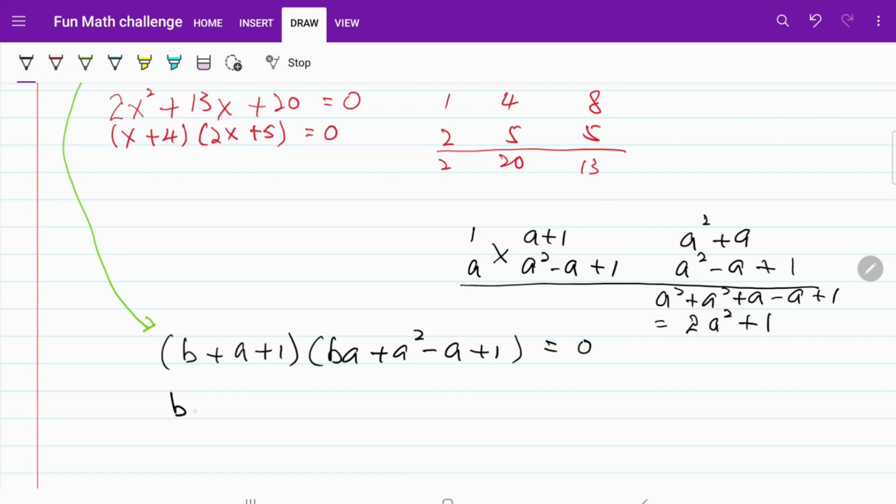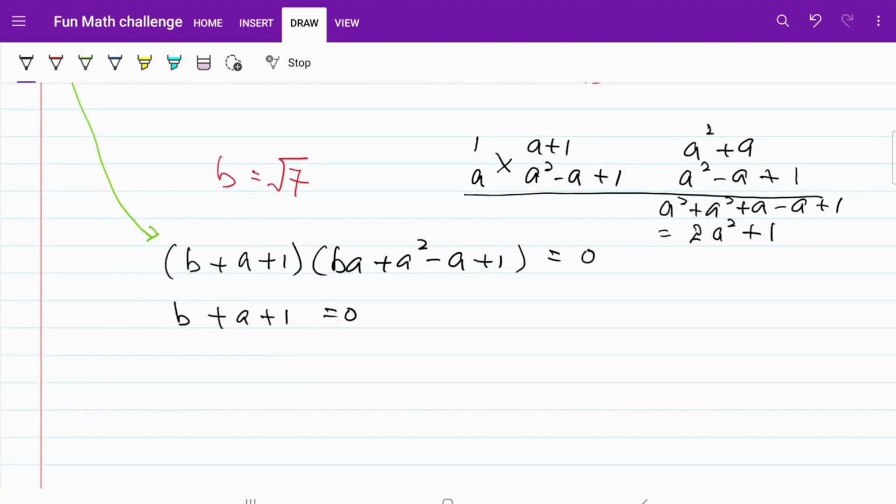I have b plus a plus 1 equal to 0, and keep in mind b is equal to square root of 7 as we have stated earlier in the video. So let's go ahead and use this value for b. I have square root 7 plus 1 plus a equal to 0, meaning a is equals to the negative value of 1 plus square root 7.